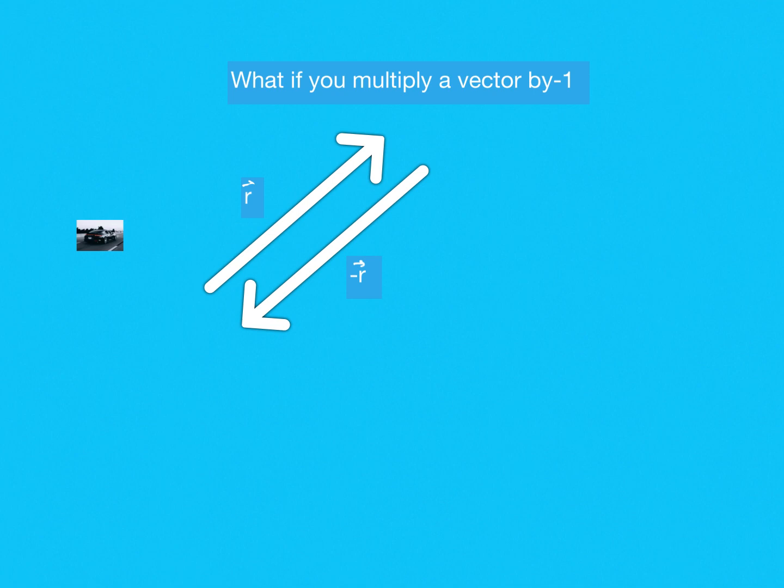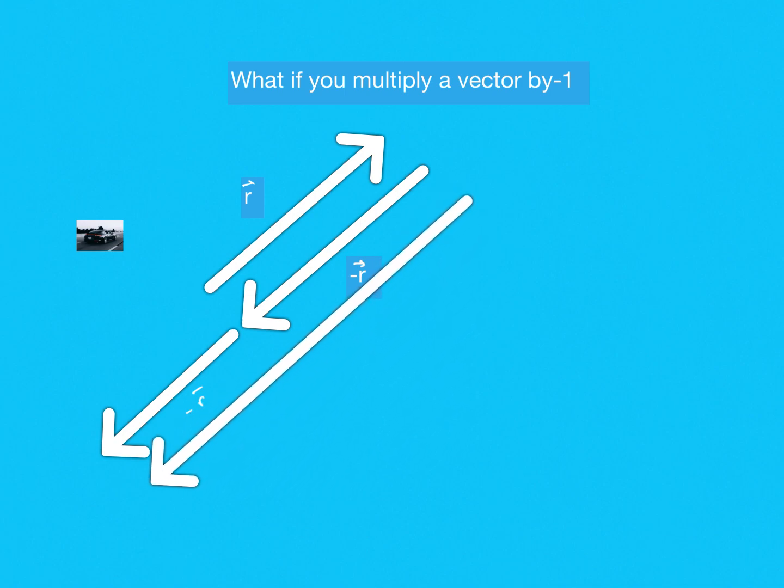So if this is the vector R, this is minus R. And minus 2R will be this plus this, minus R. And the sum will be this vector.